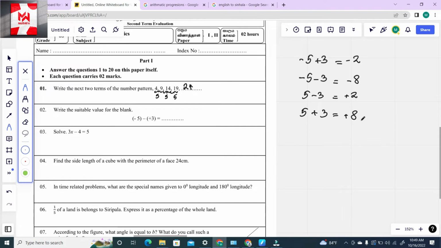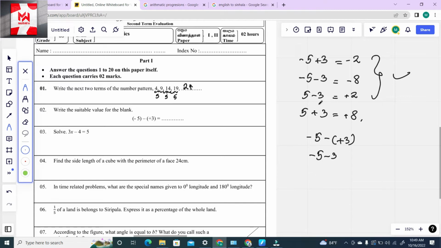Plus. Okay, so we know how to do that, but if there are two signs, we have to convert them into one sign. Here, minus 5 minus plus 3. When we are multiplying two signs, if the signs are not equal, it's minus. If the signs are equal, it's plus. Here minus into plus should be minus 3.